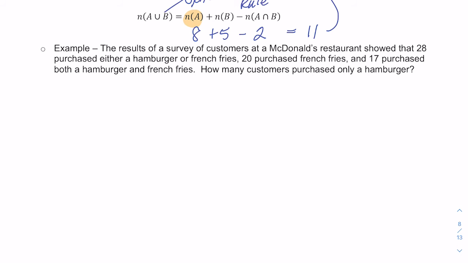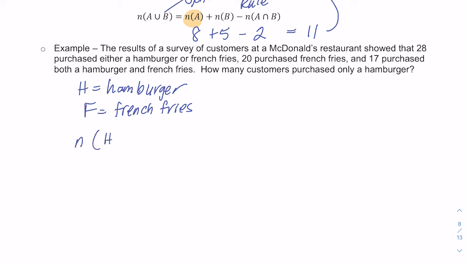So what I'm going to do is let H equal hamburger, and let F equal French fries, and I'm going to use the general addition rule to figure this out.